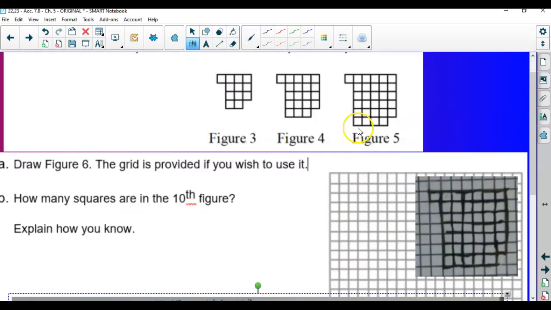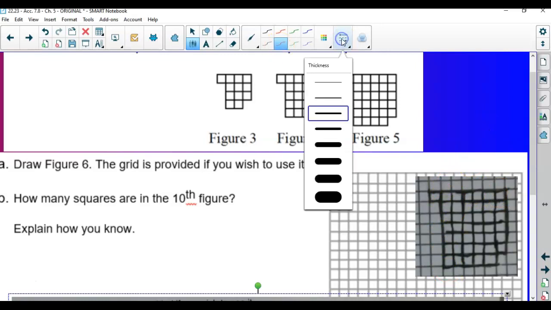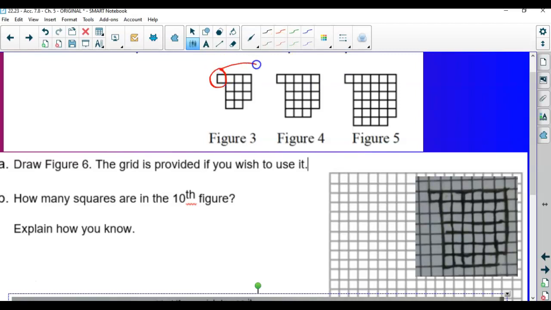All right, so your top row in figure 6 should have 7. The height of the whole thing should be 8. And if you notice, if you grab the top square and move it down into here, figure 3 is really a 3x4.